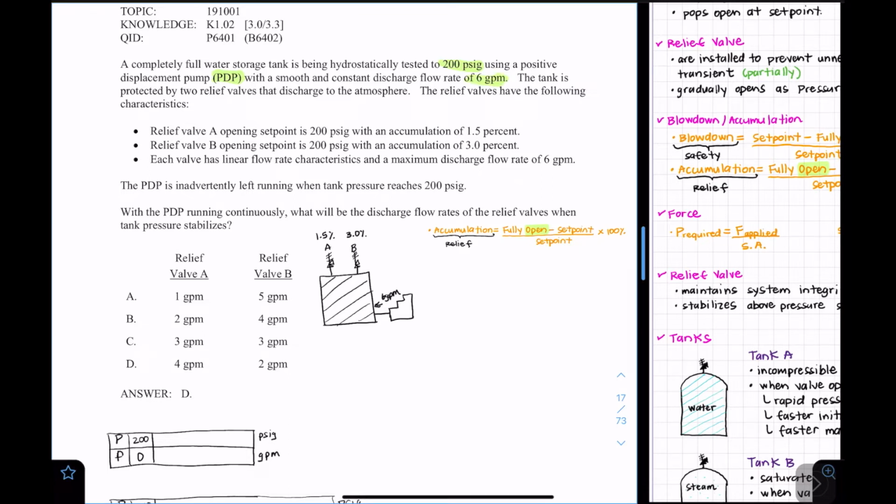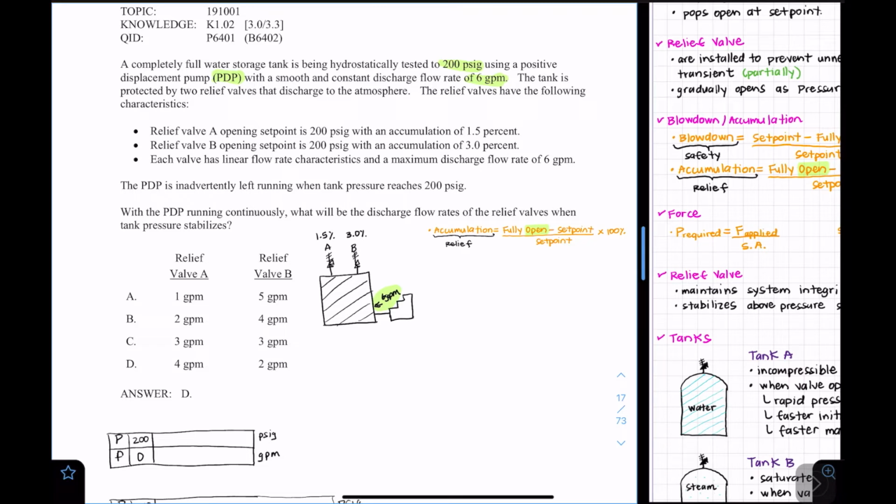So here we have 6 GPM, hydrostatically tested to 200 psig. The tank is protected by two relief valves, and they're going to be discharging to atmosphere.